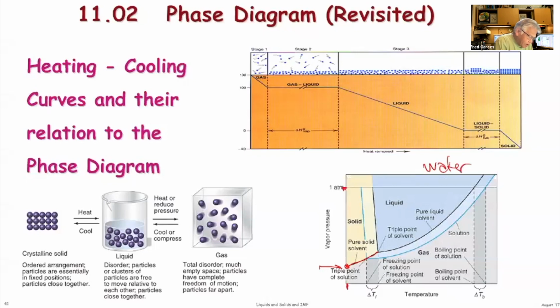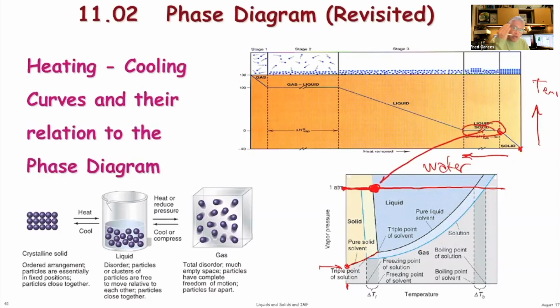If we are at 1 atmosphere and we start to raise the temperature, then we get that solid melting. So right here, we're raising the temperature. This point in this phase diagram actually corresponds to this line, because here you're getting the solid converting over to the liquid.